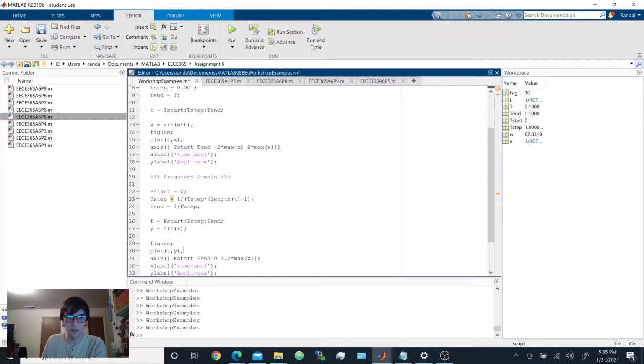What's wrong? Oh, that's why. And then we run it. I hope it doesn't take forever. Okay, maybe that wasn't why. Axis 0 f start to f end? Figure plot f, y.